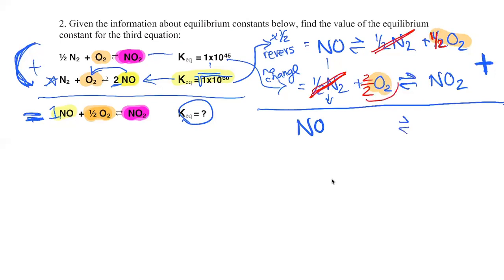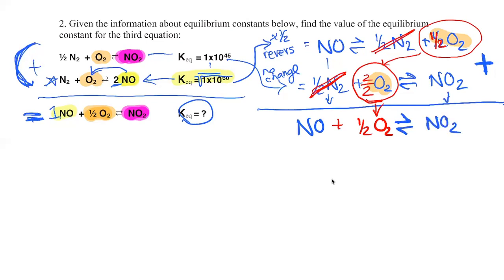So I'm starting off with a whole oxygen here, and I have to subtract 1/2 an oxygen from that side, which is going to give me an overall of 1/2 O2 that's left over on the reactant side of the equilibrium arrows. And finally, I've got my NO2 at the end. So now it matches my target. I've double checked that everything crosses out and cancels out correctly.